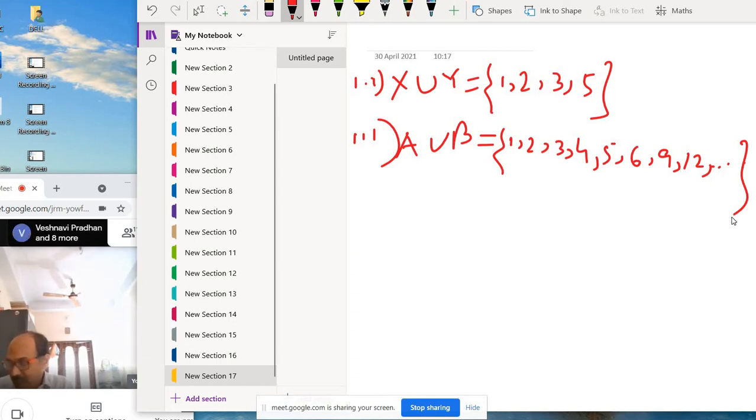Next, question number 4. A is the set of x where x is a natural number and 1 less than x less than or equal to 6. So what are the elements?